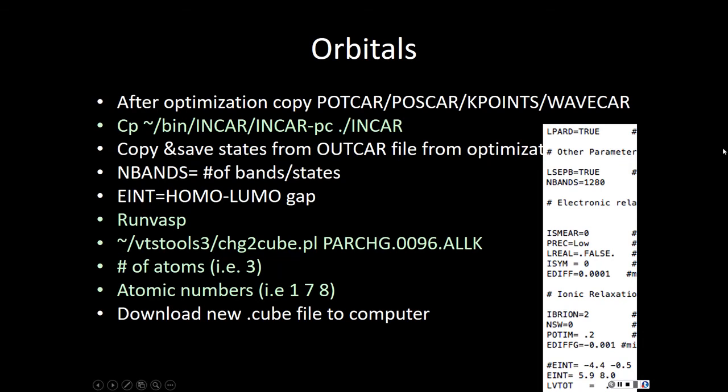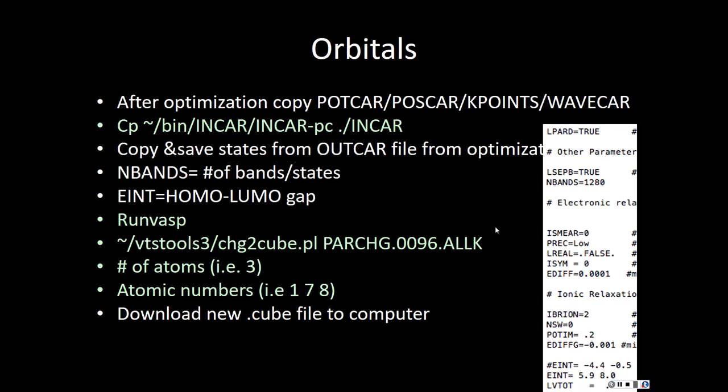All right. So with orbitals, you have to run geometry optimization first, and then you want to copy your POTCAR, POSCAR, KPOINTS, WAVECAR. It's listed here, as we see, and then there are just a couple of commands on how to visualize your orbitals. I'll show you a little bit more on the next page.